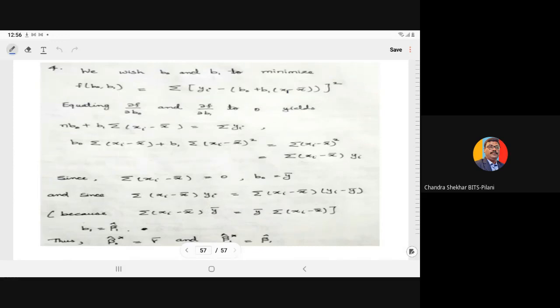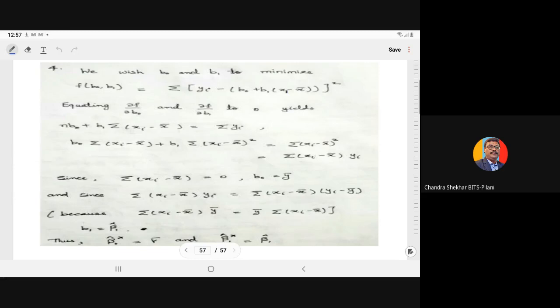So we wish to find b naught and b1 to minimize, when we apply the least square method, the function in terms of b naught and b1: summation of (yi minus (b naught plus b1 into (xi minus x bar))) whole square, that is, observed value minus projected value, squared, and then summed. That is the least square of the error.